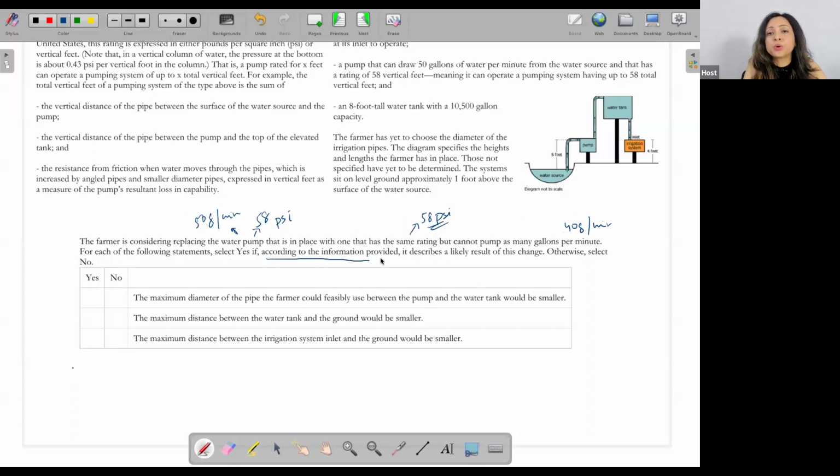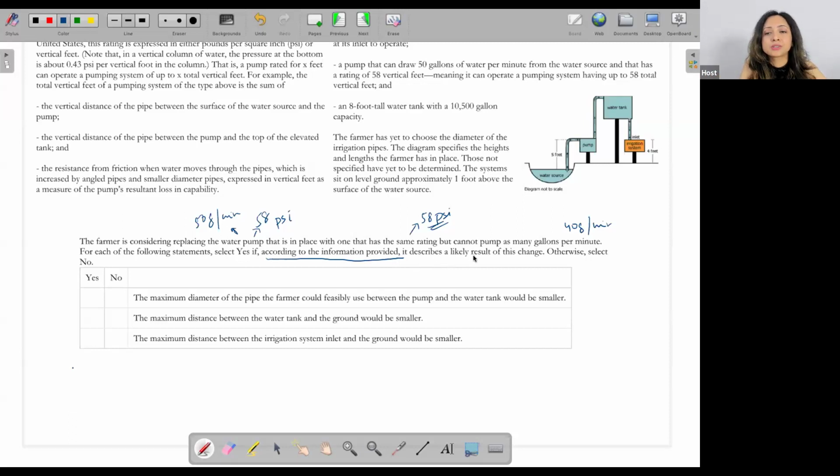Now this is an important phrase given to you, according to the information provided, right? So whatever call we make has to be made as per the information given to us. We do not have to try and bring in our knowledge of fluid mechanics, and I'll tell you why.